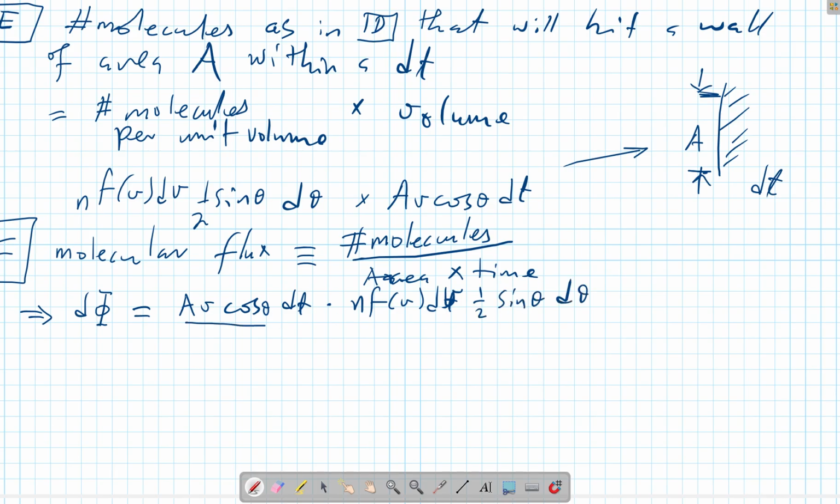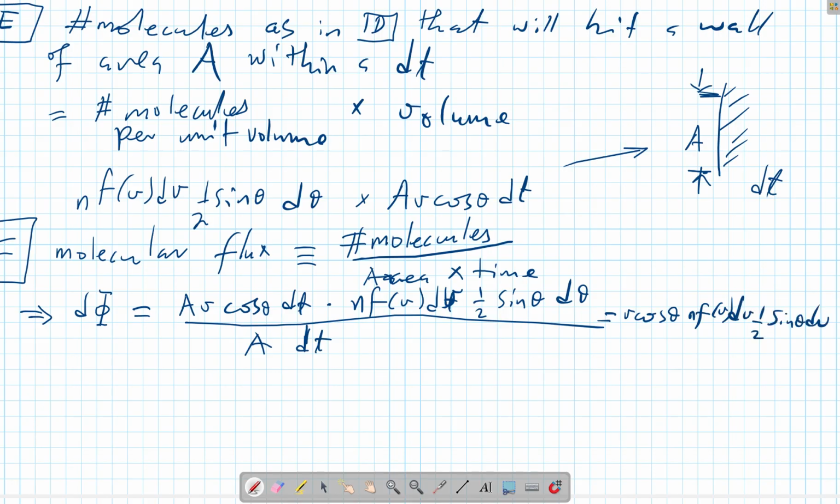We divide this by the area of the wall under consideration and the time interval dt. After doing the cancellations, this is going to be v cos theta n f of v dv 1 over 2 sine theta d theta, right?